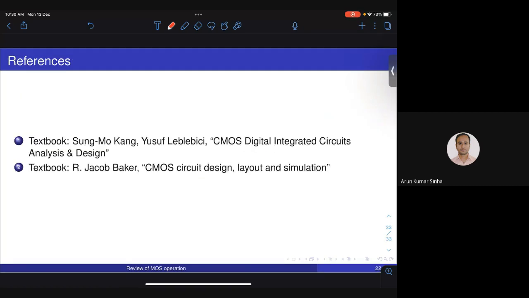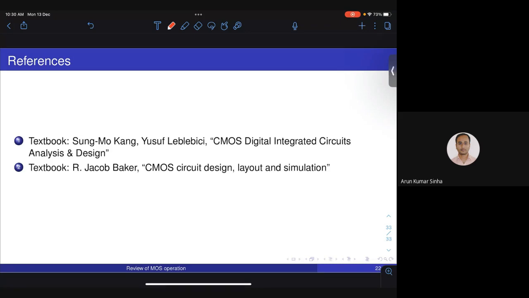Most of the things that I have discussed in this introductory session, you will find in these two textbooks. One is CMOS Digital Integrated Circuits Analysis and Design. Though the book is for digital circuits, the initial chapters do discuss modeling and approximations and this gradual channel approximation and whatever I've discussed in quite some detail.